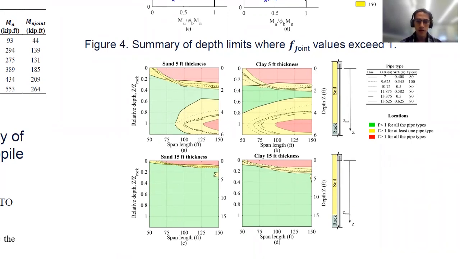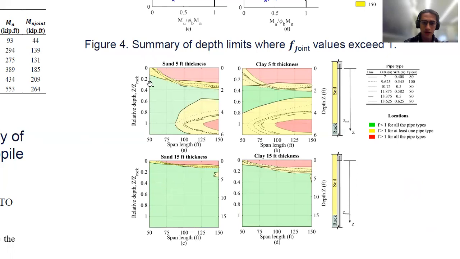Now in figure 4, we have depth in the vertical axis, left for standardized normalized depth, or relative depth to the bedrock depth, and on the right, we have our real depth. Now in the top figures, again, A, B, C, and D represent our different surface conditions. And what we show in the horizontal axis are our different span lengths. So for any span length, we set the F value, and we identify different zones.